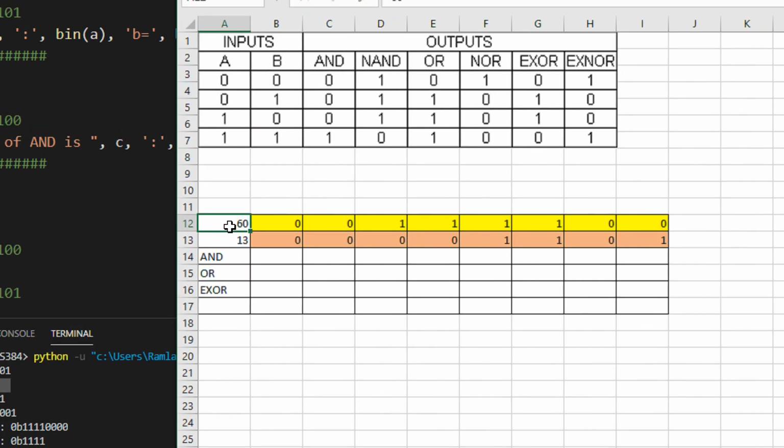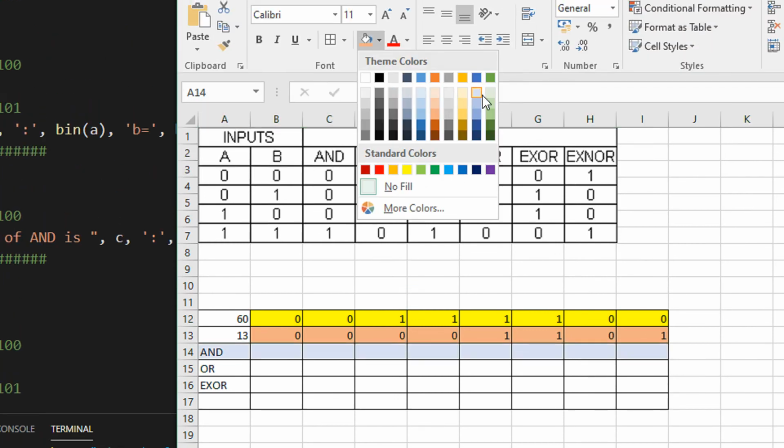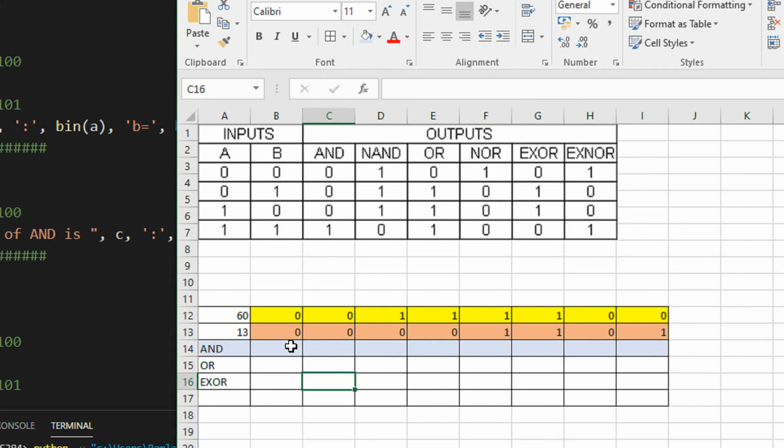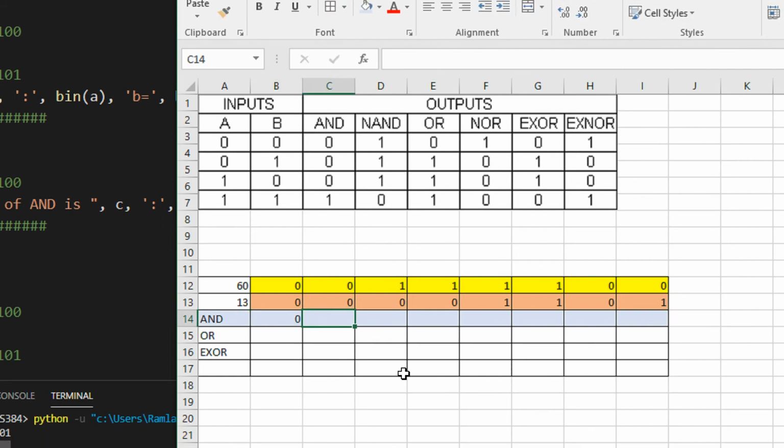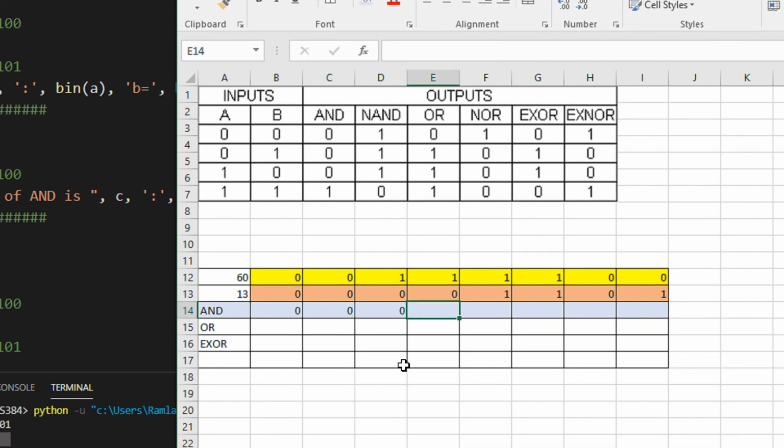So let us recompute in Excel also. We have 60 and 13 and I'm trying to evaluate the AND. The logic is any value which has a 0 gives output 0 in AND. If both are 1, the output is 1. If both are 1, again output is 1, and for 0, again 0.